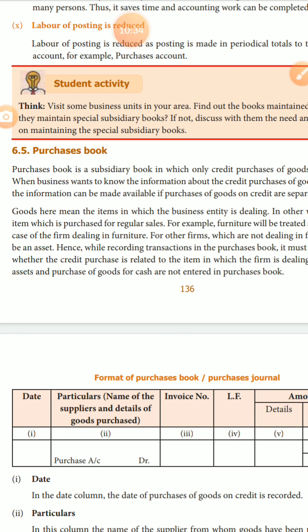Cash purchase you do not enter. Only credit purchase you enter in the book.